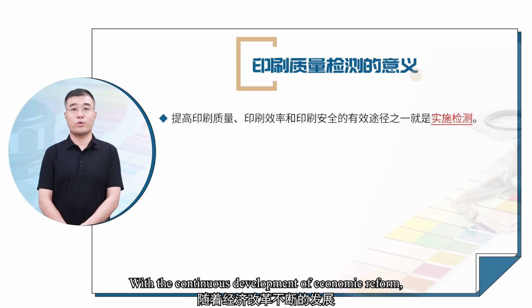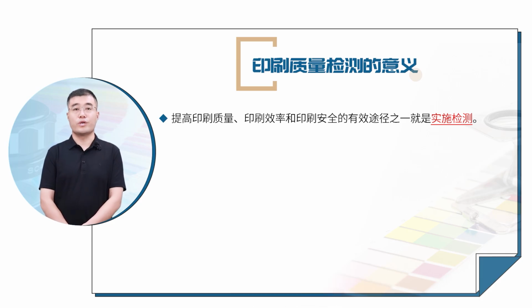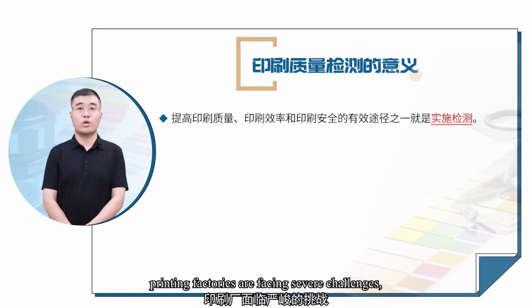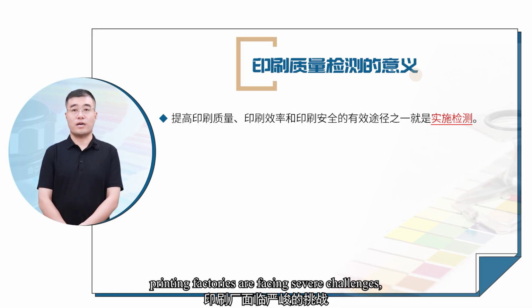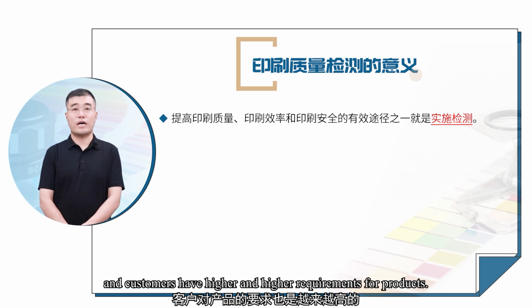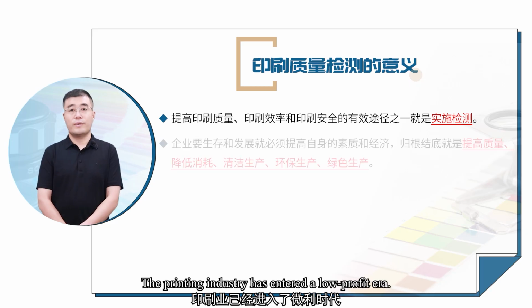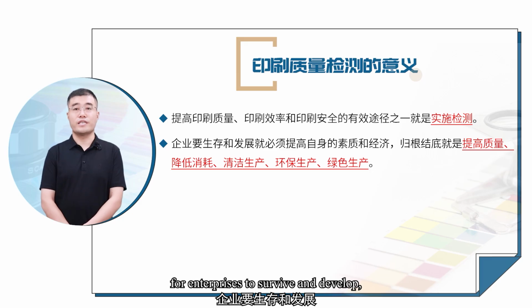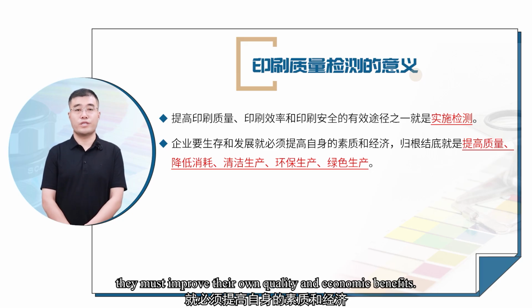With the continuous development of economic reform, especially the increasingly fierce market competition, printing factories are facing severe challenges, and customers have higher and higher requirements for products. The printing industry has entered a low-profit era. In this situation, for enterprises to survive and develop, they must improve their own quality and economic benefits.